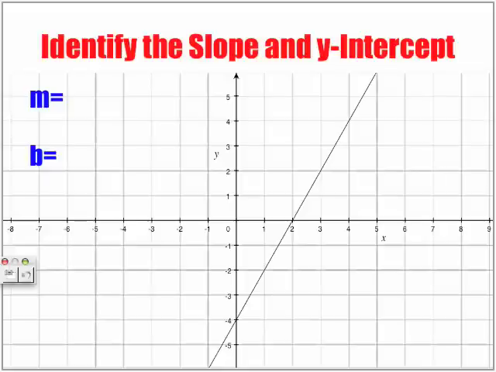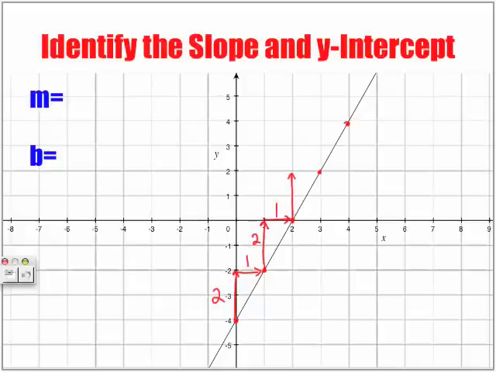Identify the slope and y-intercept here. So again, let's try to find a couple of points. We have one point here. Another point crosses here. We have another point that crosses here, here, here. So we are rising 2. We are running for 1. We are rising 2. We are running for 1.